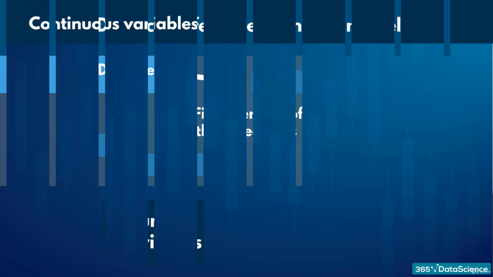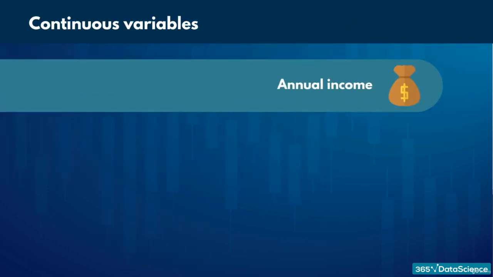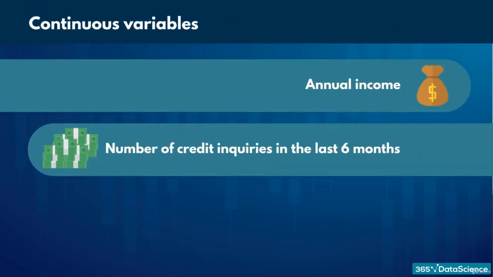Okay, continuous variables like annual income and number of credit inquiries in the last 6 months will also be transformed into categorical dummy variables. However, the procedure we will follow is different. We will start by turning each of them into meta-categories of equally sized intervals.